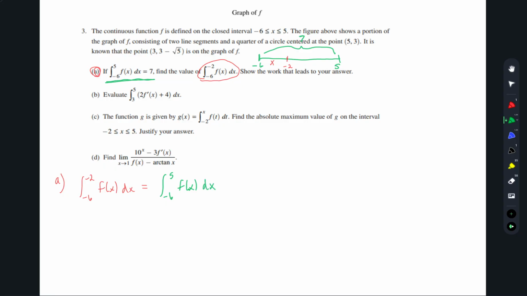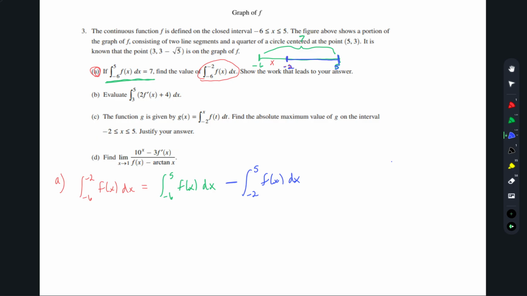And then I'm going to subtract that negative 2 to 5 thing. I would have to get this answer to get x. So I'm going to subtract the integral from negative 2 to 5 of f of x dx.